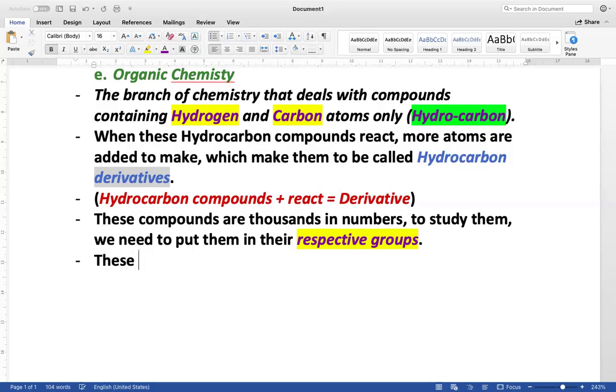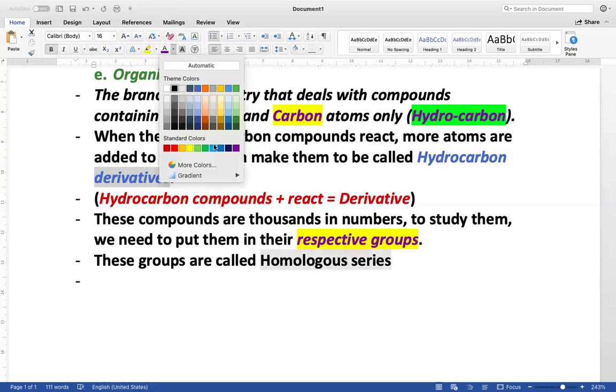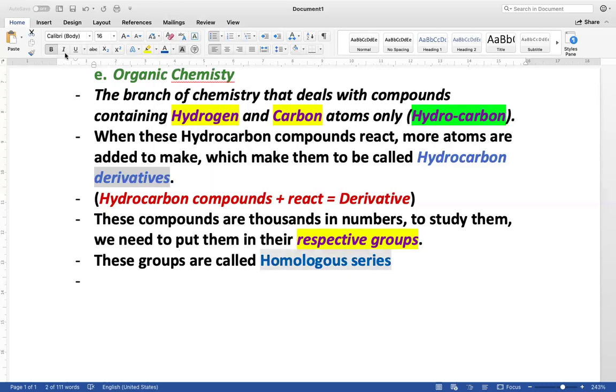These groups are called homologous series. So when you have a class of compounds, a lot of them, these compounds are supposed to show a similar characteristic. They must be similar in one way or the other. That's the only way we can put them in these groups. And these groups are called homologous series.